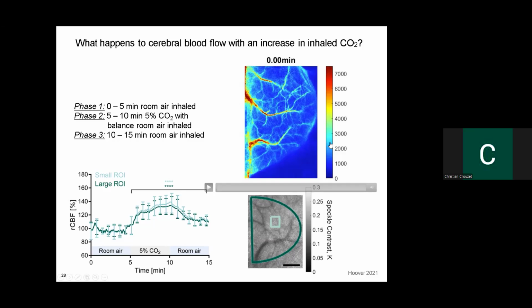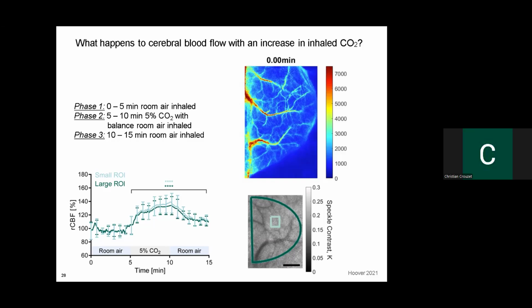So the question is, what is the color scale here? This is the speckle flow index. It's inversely related to the correlation time, and it's more indicative of relative flow that is occurring in the sample. So the question is, how do you calculate speckle flow index?